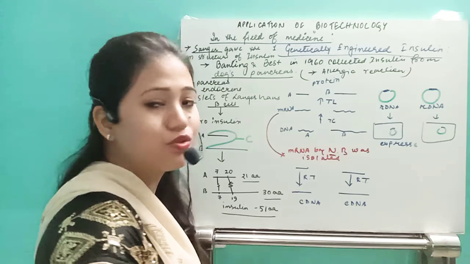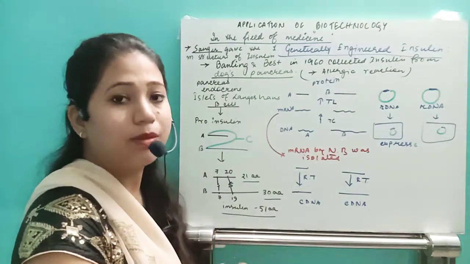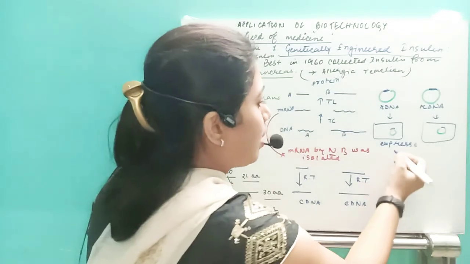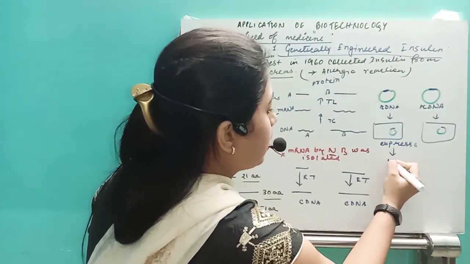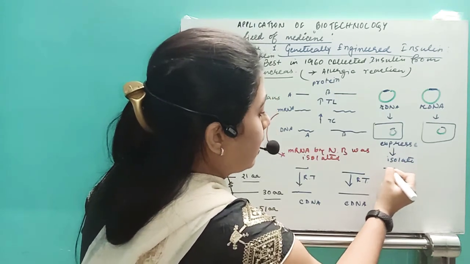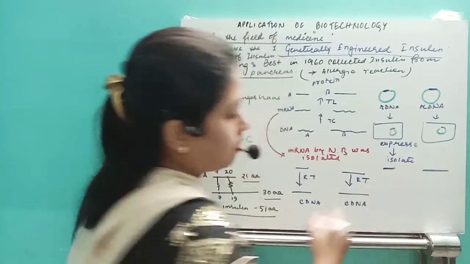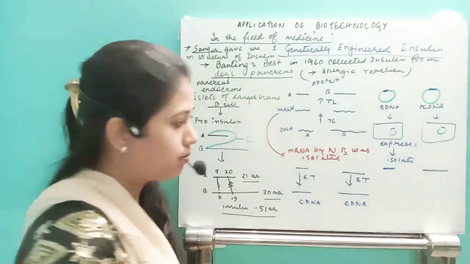Express means they produce their own protein, that is the A and B polypeptides, which are synthesized. After that, by the downstream process, we isolate the A polypeptide and B polypeptide. Okay, we have found the A and B polypeptides.